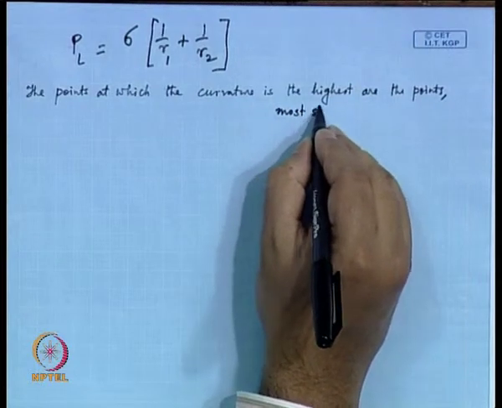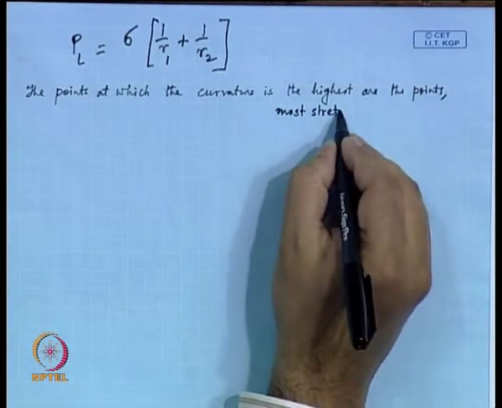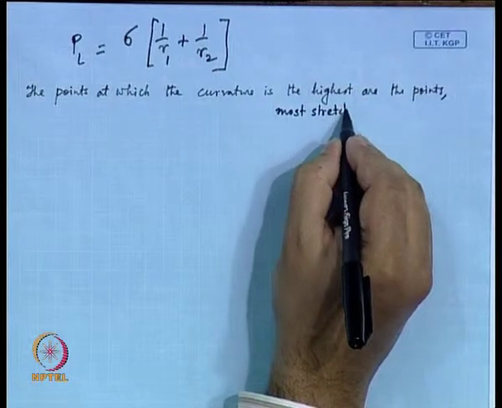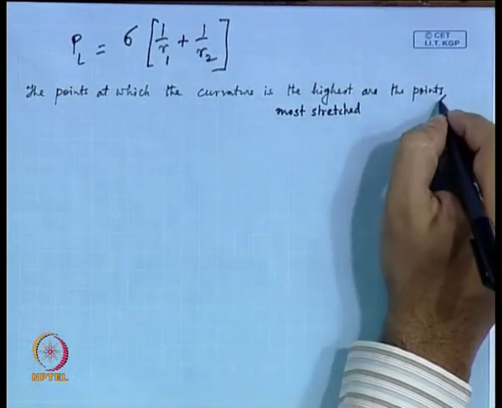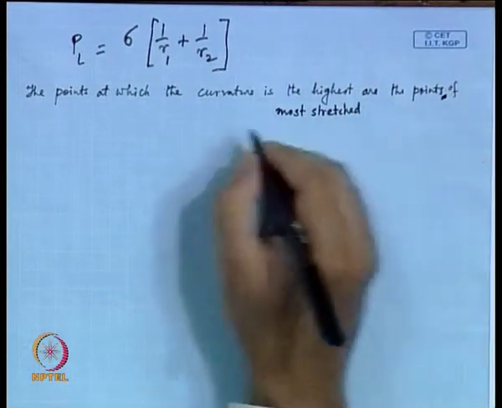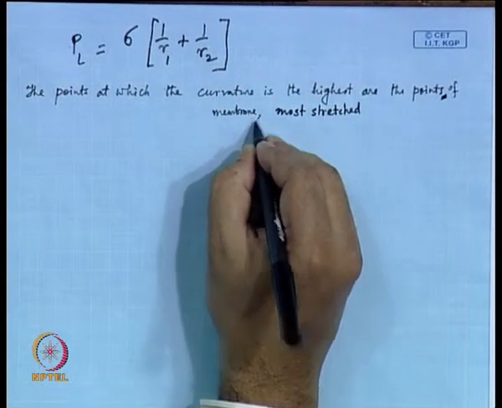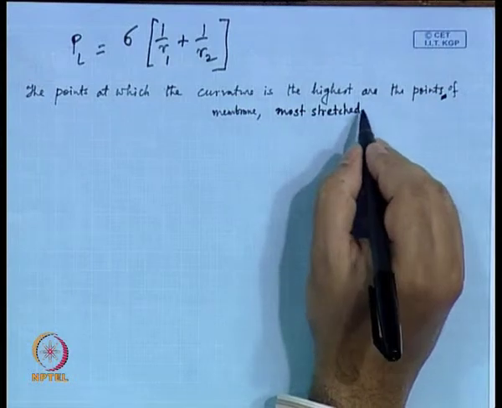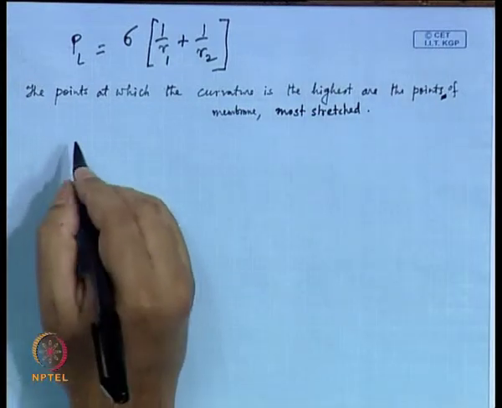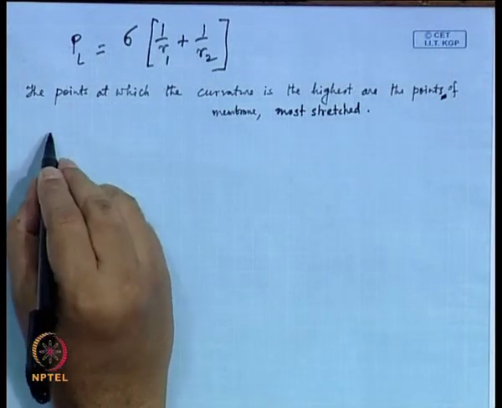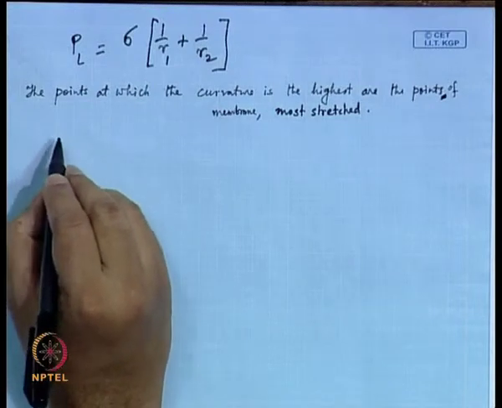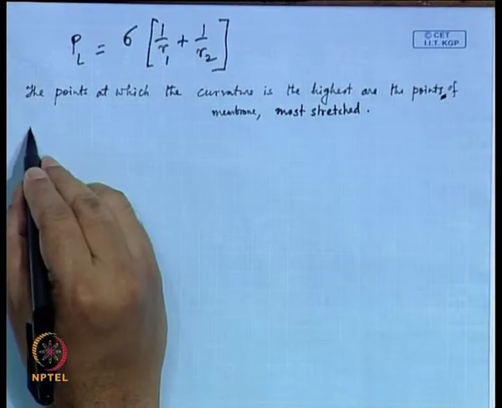Points most stretched are the points of membrane most stretched. So, the pressure would be highest there.